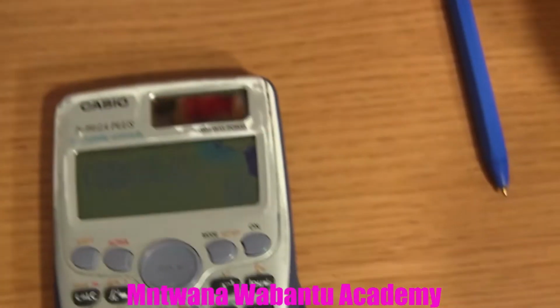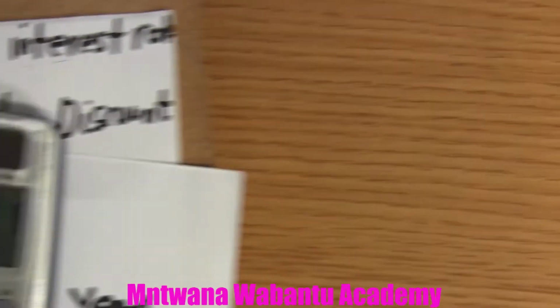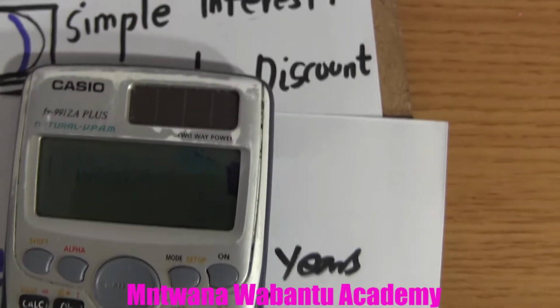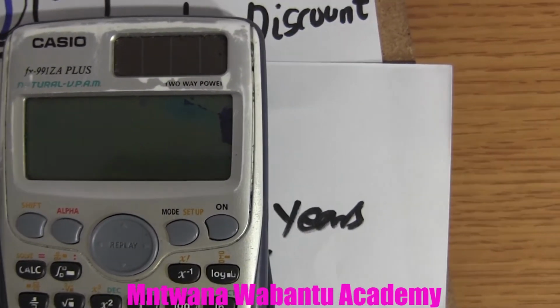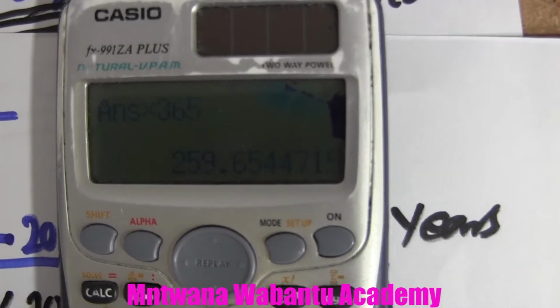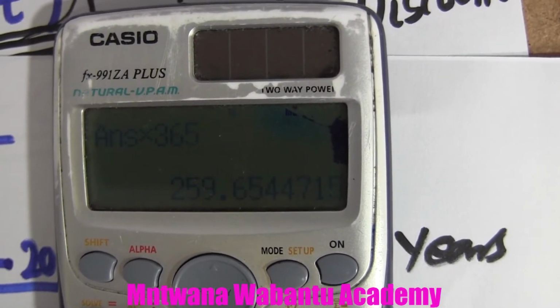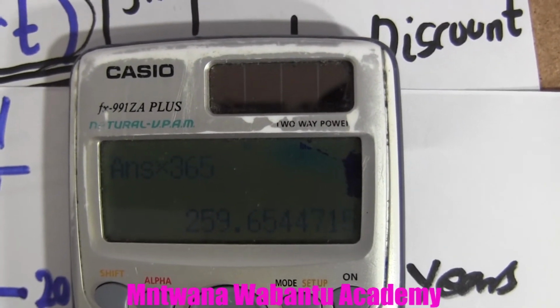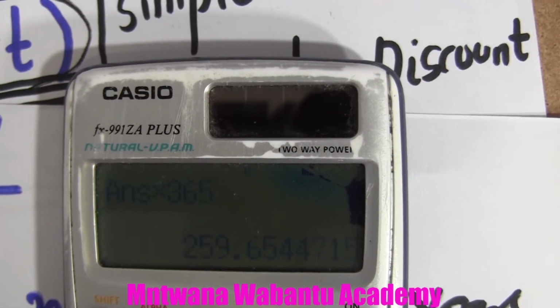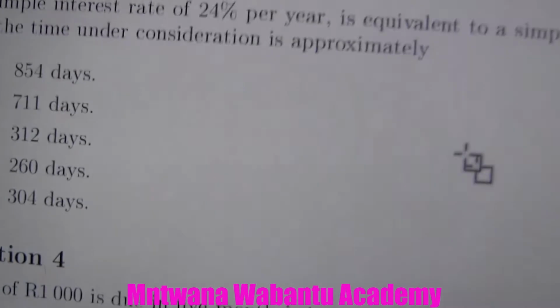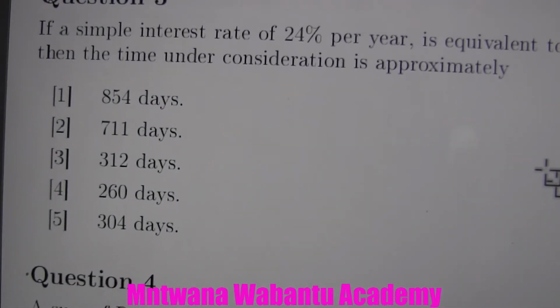So take this answer you got and multiply by 365. And this is going to give us what? 259.65444. But when you approximate, this is going to be 260. If you approximate, that's going to be 260. So if you look at the options, 260 is the answer, option number 4.